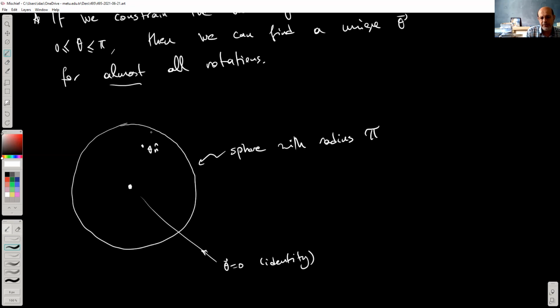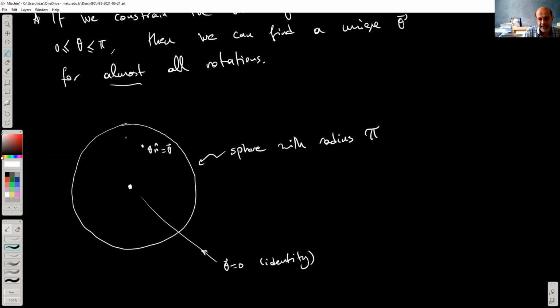I know that all of the other equivalent rotations are outside. So theta plus 2 pi would be somewhere in here. It's going to be basically along this axis. And so you can see all the other equivalent vectors to that rotation. They are all outside the sphere, right? So as a result, for most of the rotations, I can find a unique point in here where this theta vector is within that sphere.